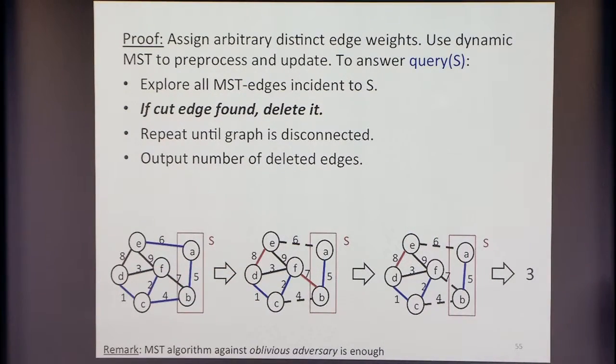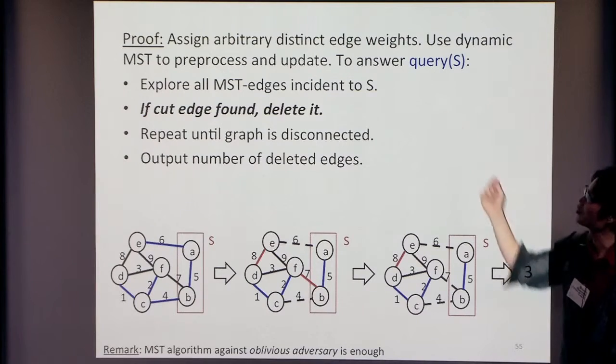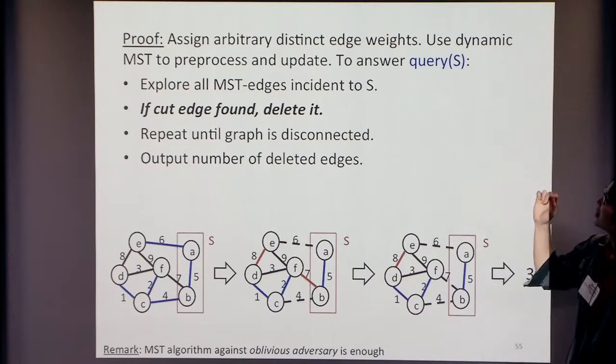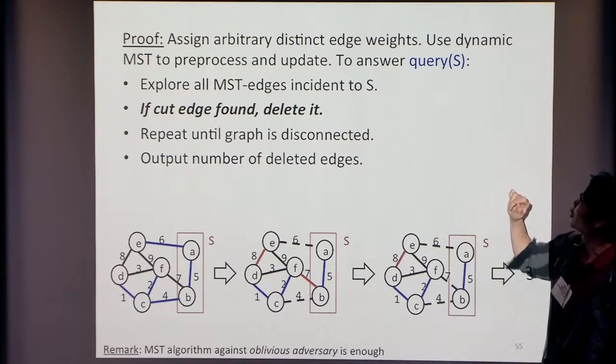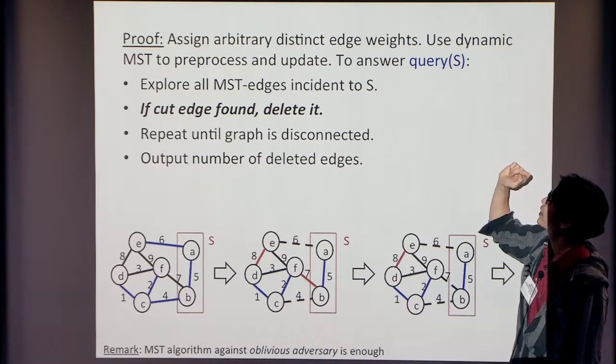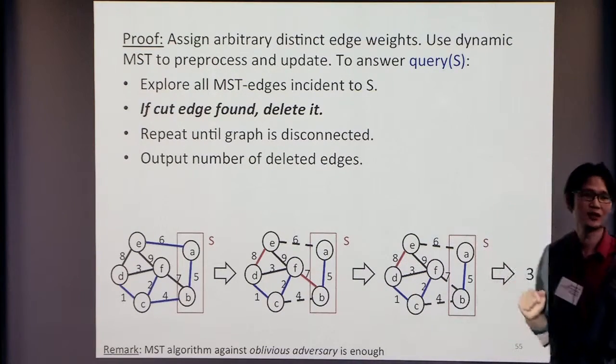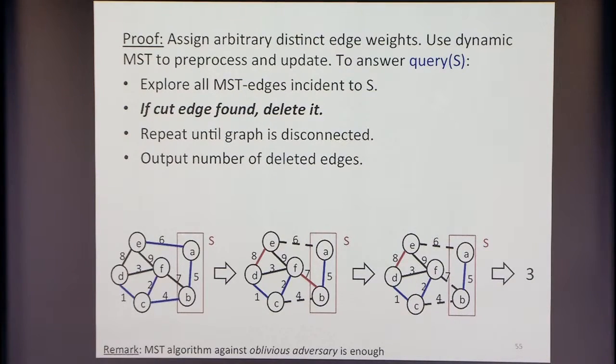And then in the update phase, you just use dynamic MST to maintain the MST. The thing that I think is least trivial is how to get the query. Preprocessing and updates are pretty much trivial because you just run the MST algorithm.